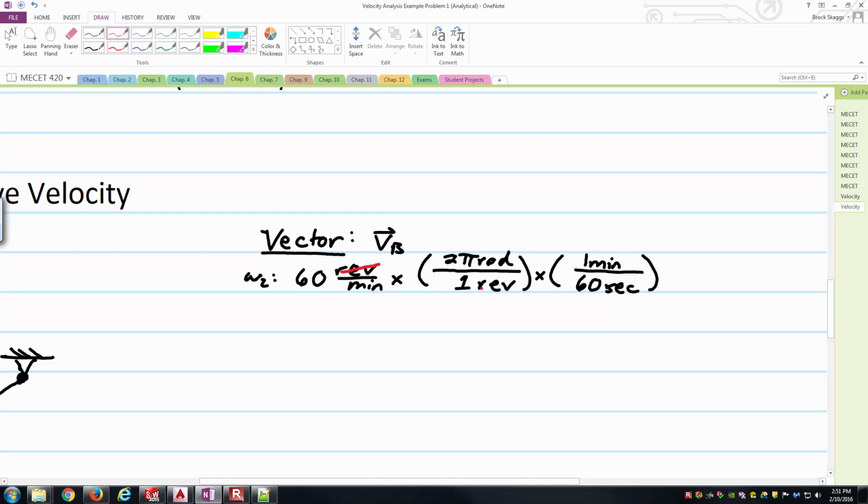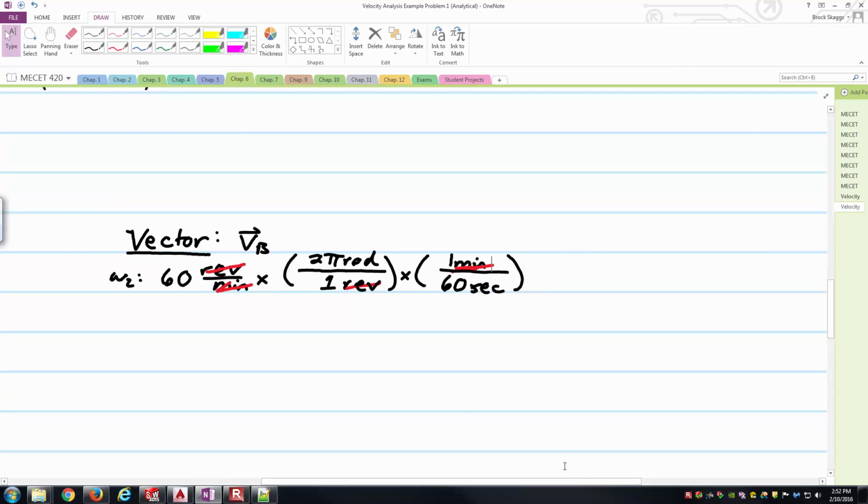So we've got revolutions here and here, minutes here and here, and I end up with 2 pi radians per second. And so here's our omega 2 value.